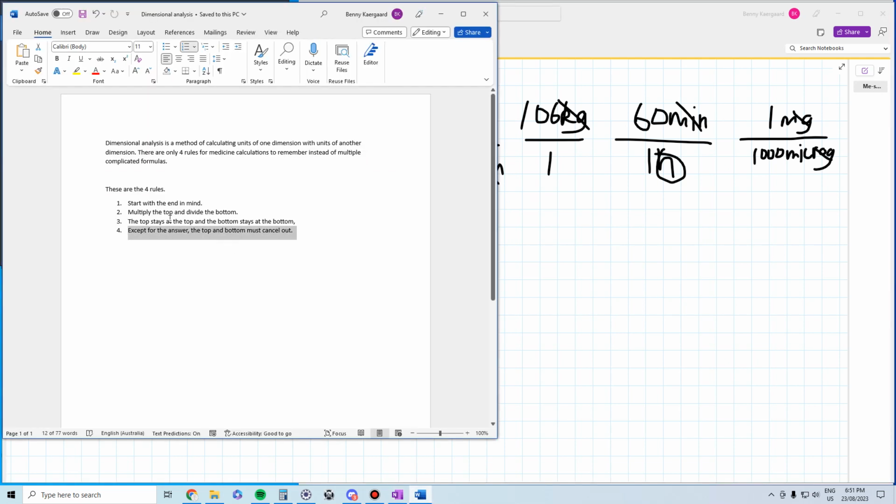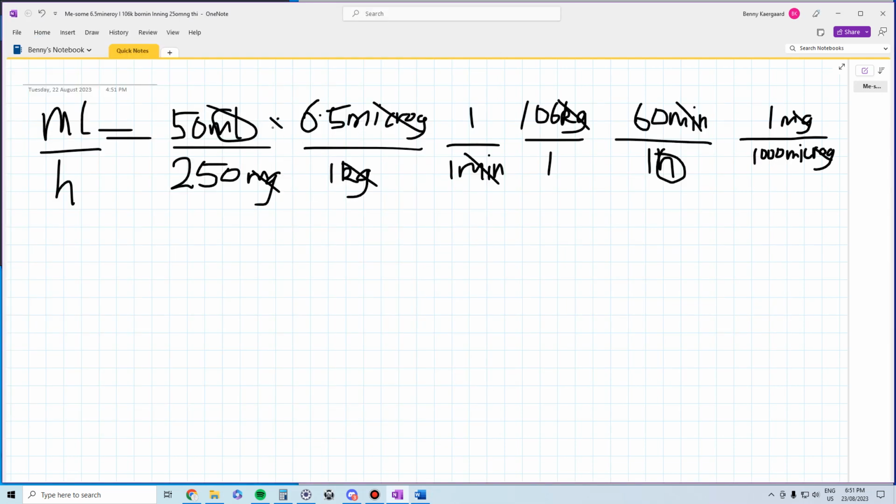Now we apply rule 2, which is to multiply the top together, all of these going this way, and we divide the bottom going this way.